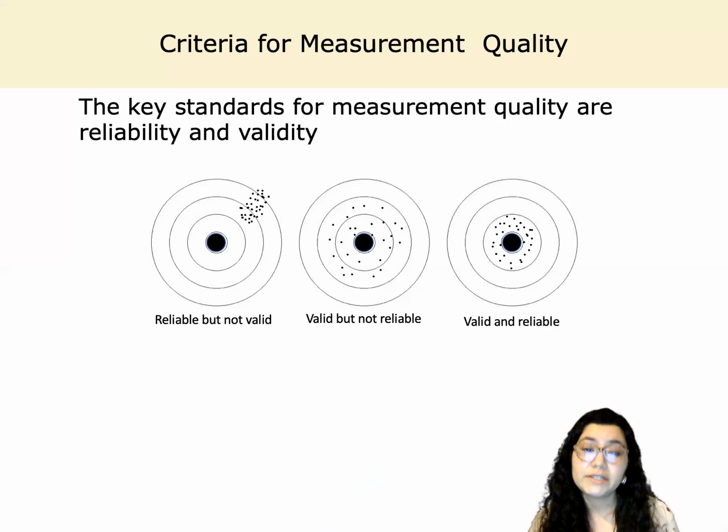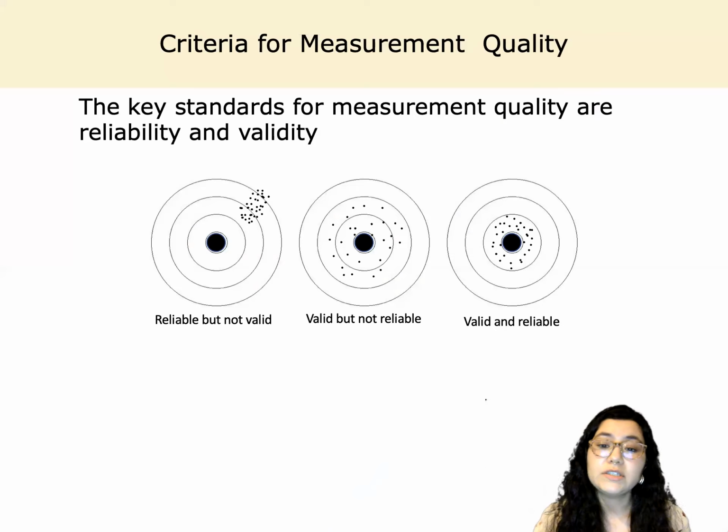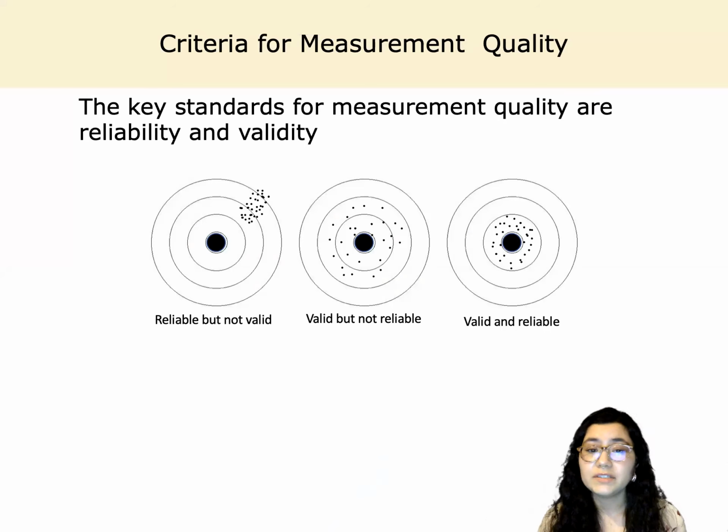So the main criteria for measurement quality are called reliability and validity. And so reliability is when we get consistently the same thing every time we see it.